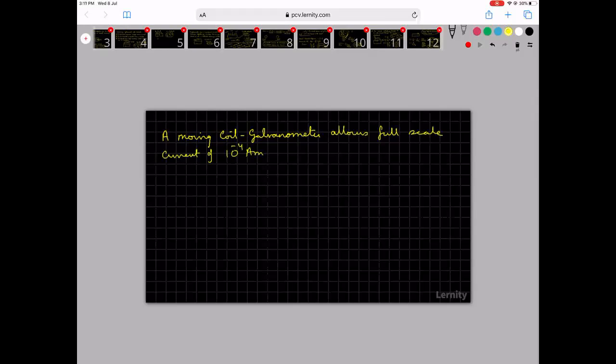A series resistance of 2 mega ohm is required to convert it into a 5-volt voltmeter.